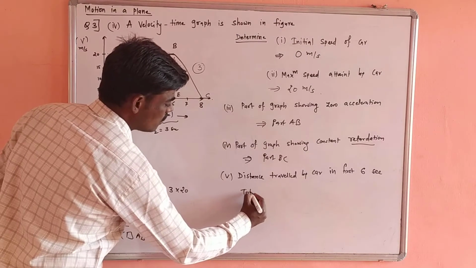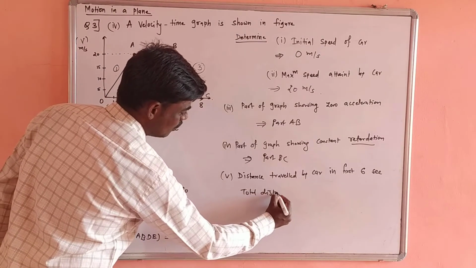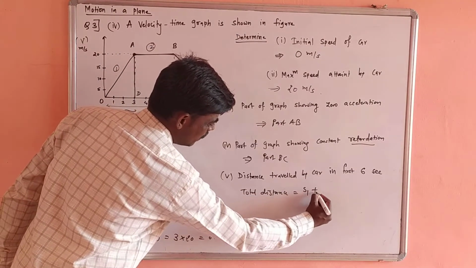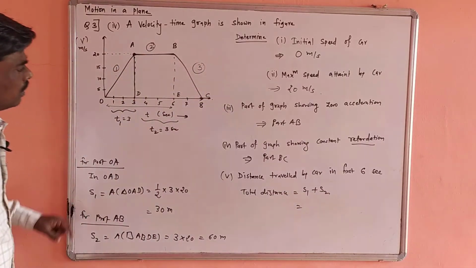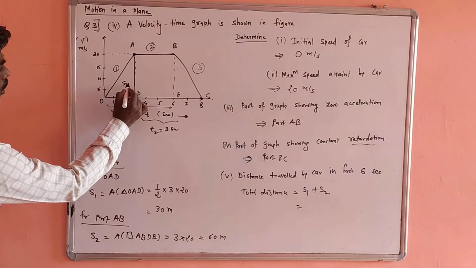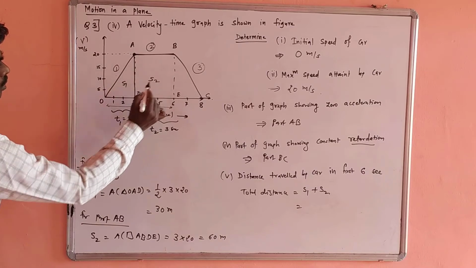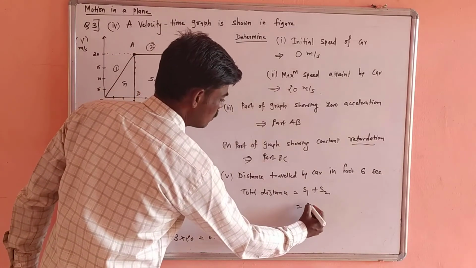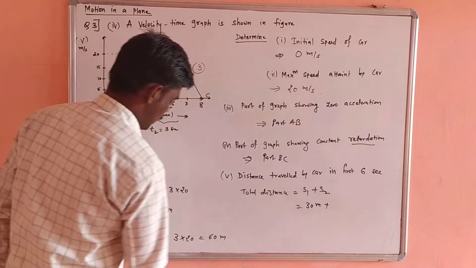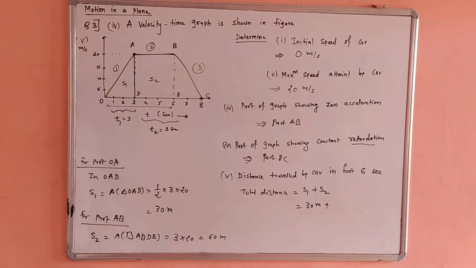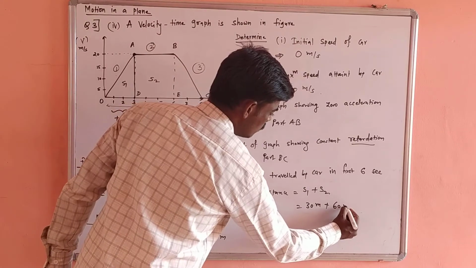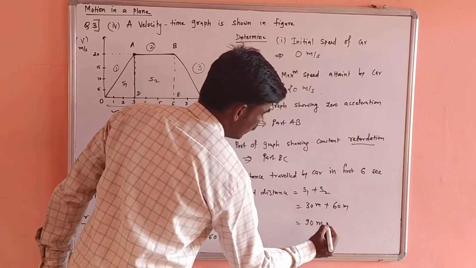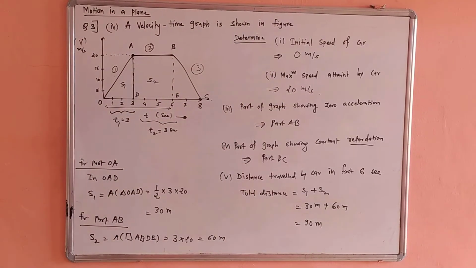So total distance is nothing but S1 plus S2. S1 area of first triangle, S2 area of rectangle. So the value of S1 is 30 meter and the value of S2 is 60 meter. So it becomes 90 meter. This is your final answer.